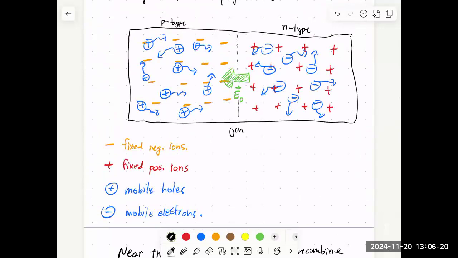So this electric field is going to prevent further migration of these mobile electrons across the junction. We could do the same thing for the holes. A hole wanders over here, finds this electric field. The force on the hole will be in the same direction as the electric field, and again, it gets pushed back into the P region.